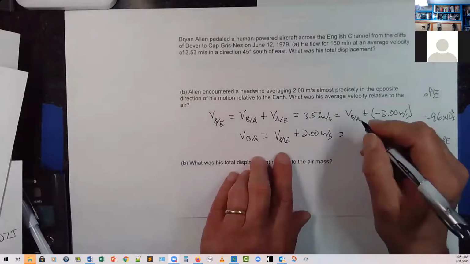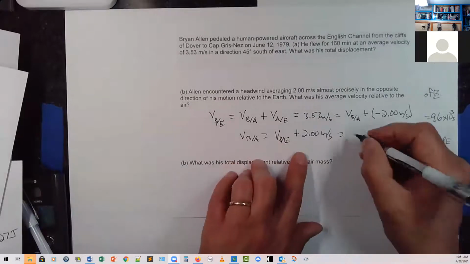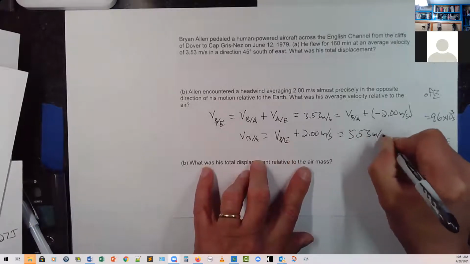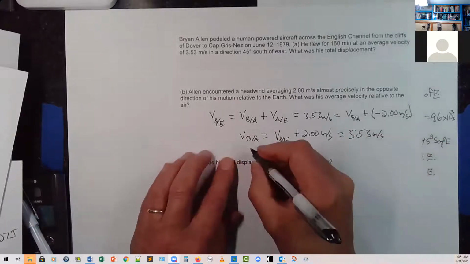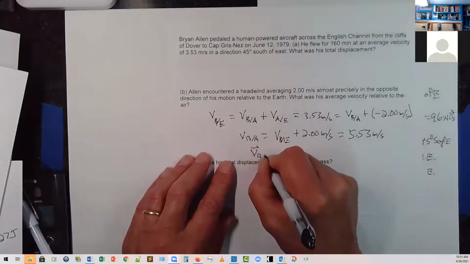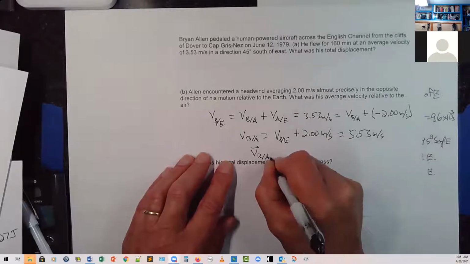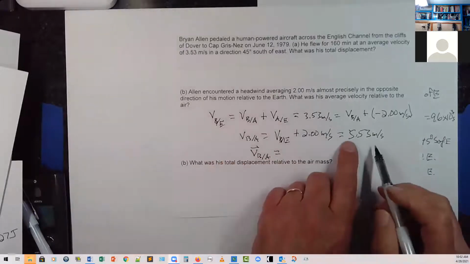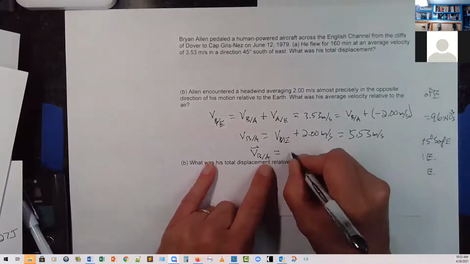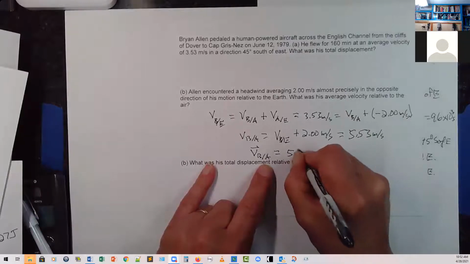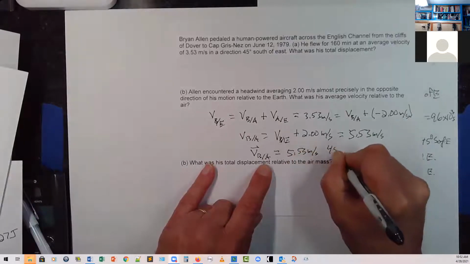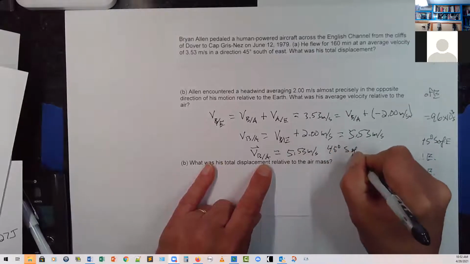And that ends up being 5.53 meters per second. And if I want to stick an arrow on it and call it the velocity of Brian with respect to the air, this is his airspeed, is the way that's often referred to, but it would be the 5.53 meters per second, 45 degrees south of east.